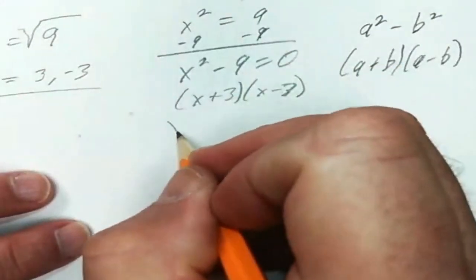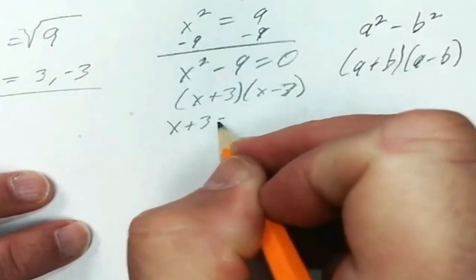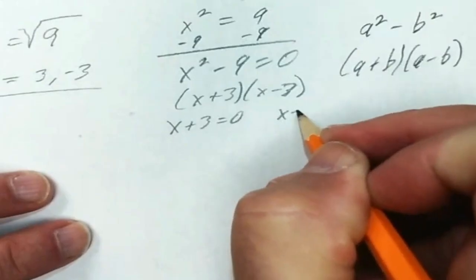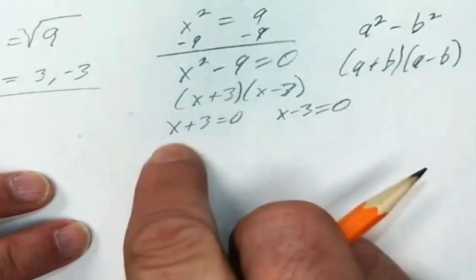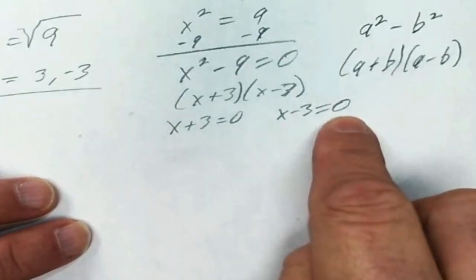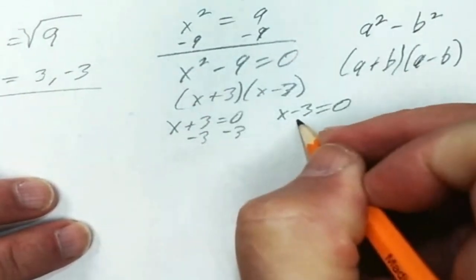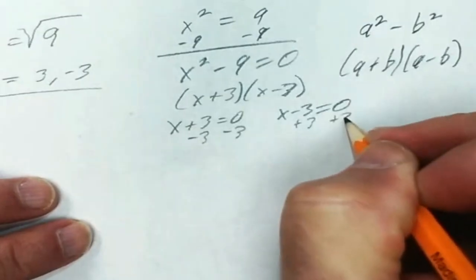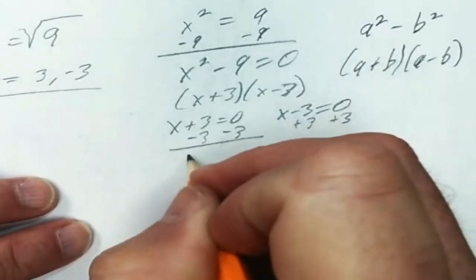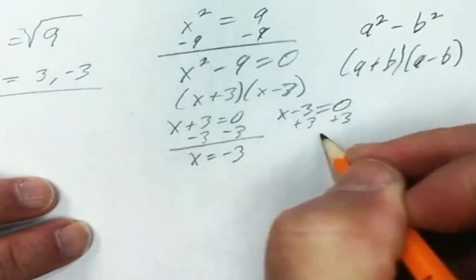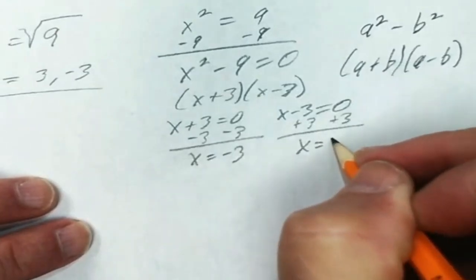Then we just set those equal to 0. X plus 3 equals 0 or x minus 3 equals 0, and solve for x. Subtract 3, add 3 over here. X equals negative 3, x equals 3.